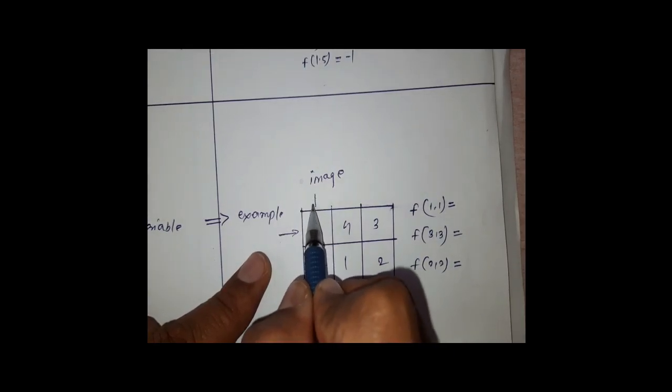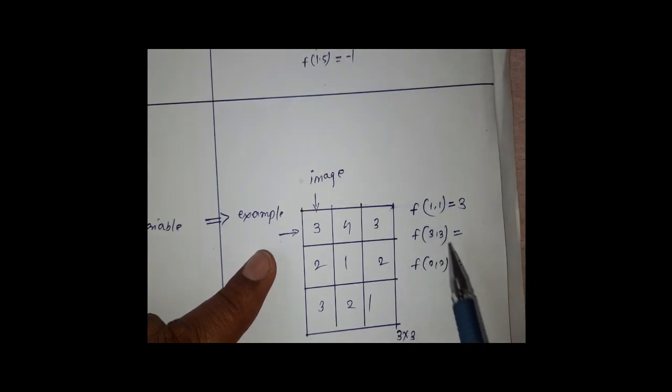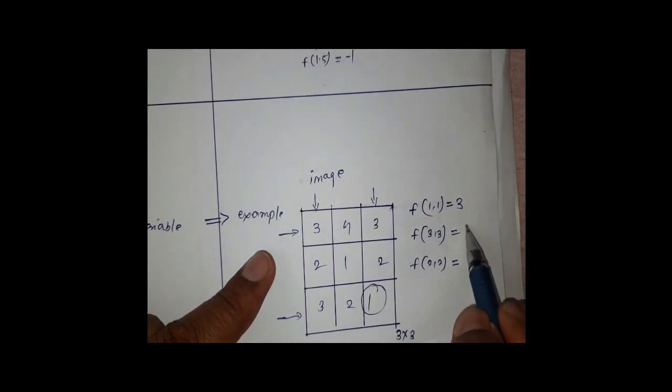In this case I am getting the value 3. For f(3,3), the third row and third column, I am getting the value 1, and for f(2,2), the second row and second column, the value is equal to 1.